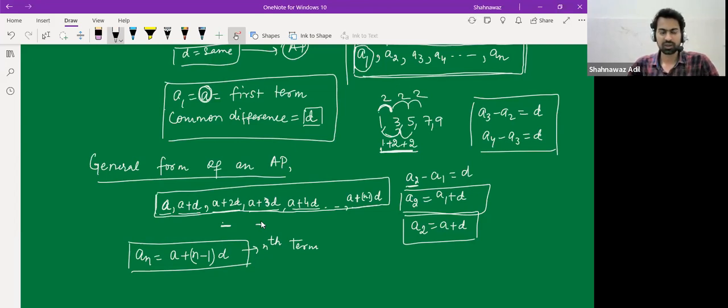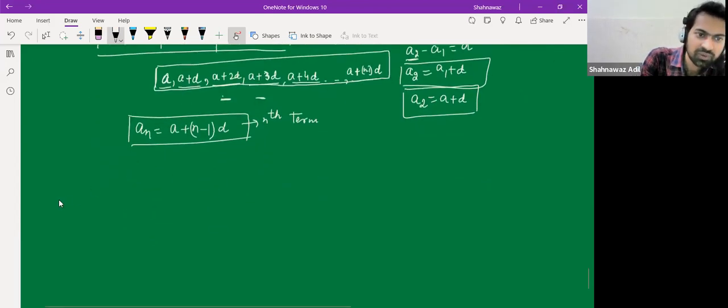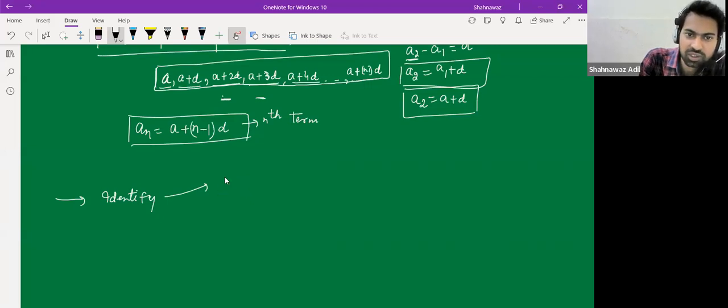So first, in the first chapter, we have to identify whether the progression is AP or not, right? And how do we find that?